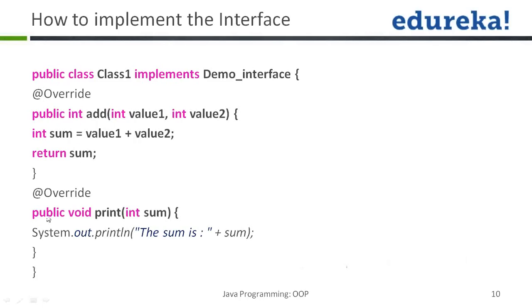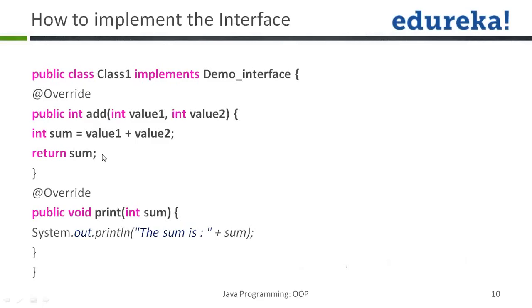With @Override, public void print(int sum), System.out.println the sum is equals to sum. So you provided the definition in Class1, you implemented the interface. As soon as you did it, you have to implement all those abstract methods that are present within an interface. And finally, you provide the definition to these methods.